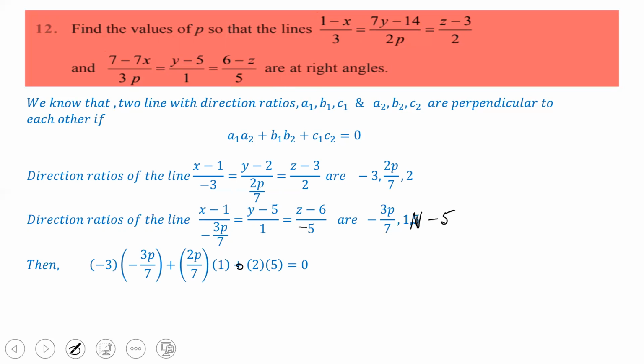So this is minus 9p by 7 plus 2p by 7 equals 10. Now solve this and find the value of p, that is 70 by 11. So the value of p is 70 by 11, where the two lines are perpendicular to each other.